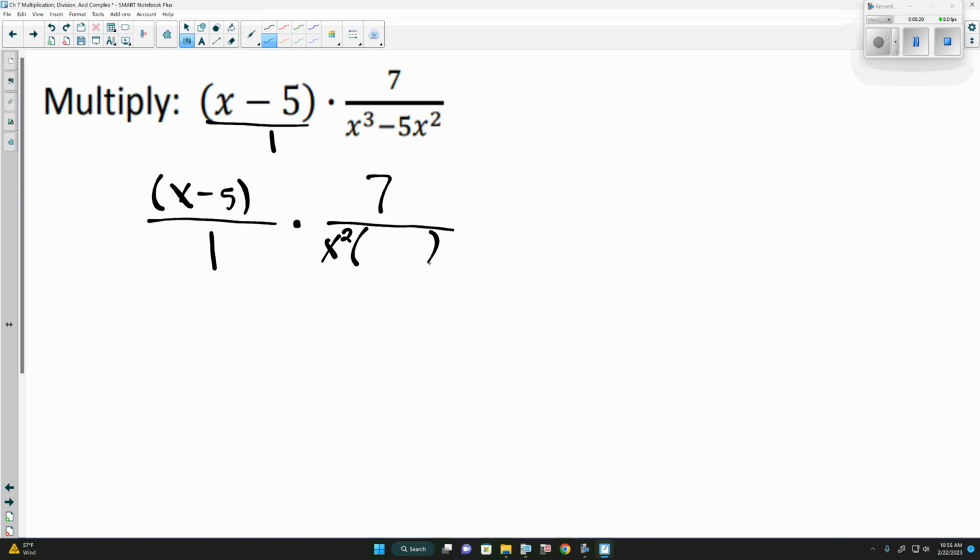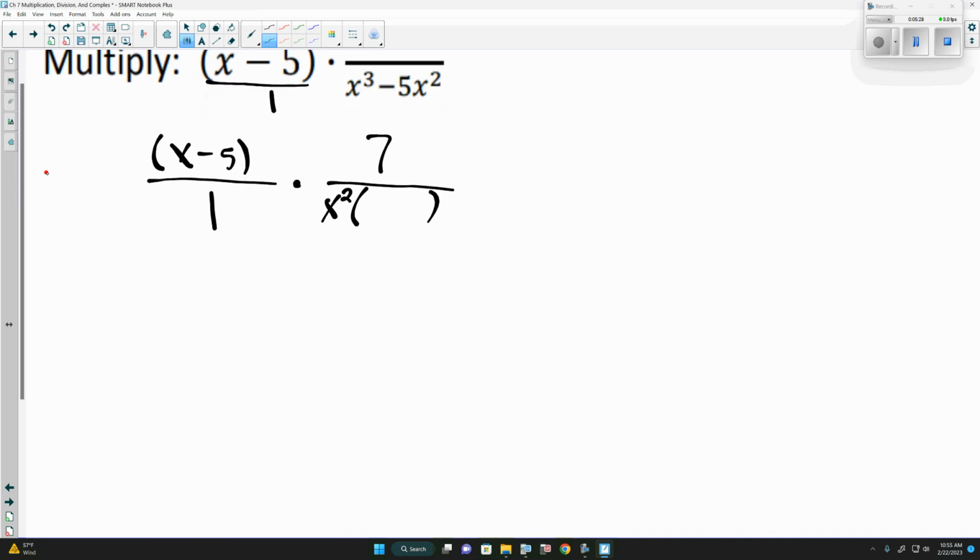Unlike addition and subtraction, we want to factor the denominators and then go from there. Here, if we factor the x squared out of x cubed, we're left with x. If we factor x squared out of 5x squared, we're left with -5. Any questions on this so far?